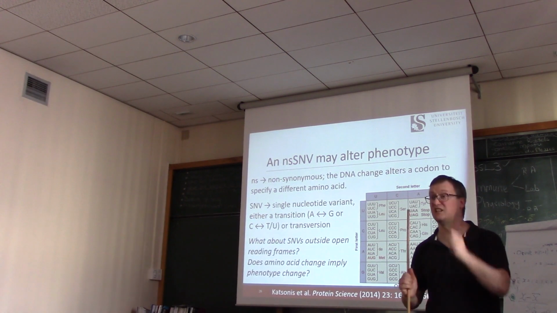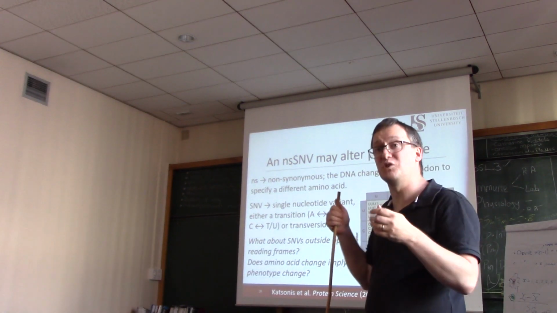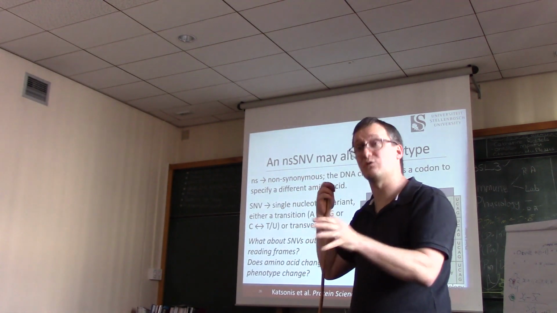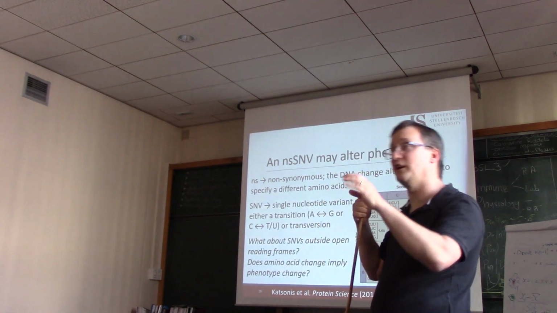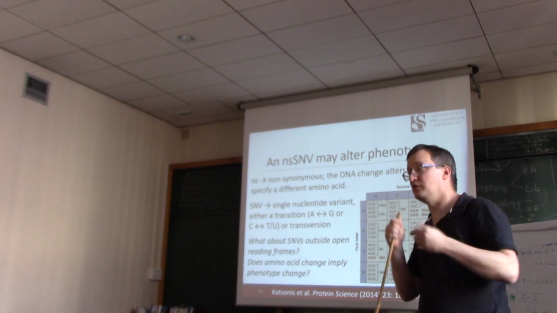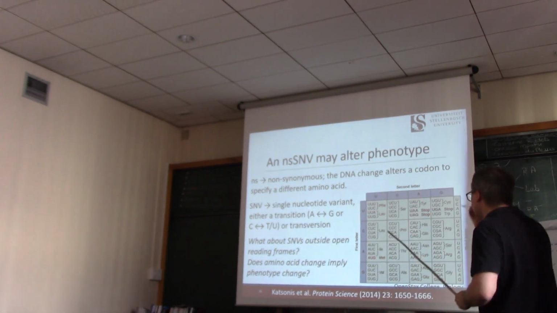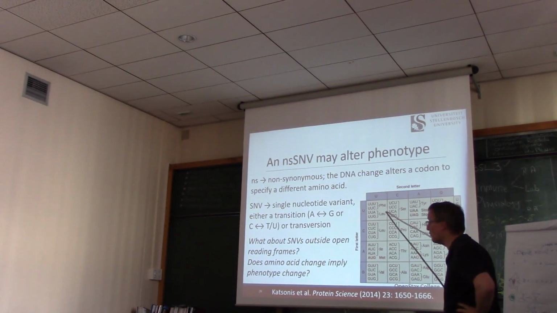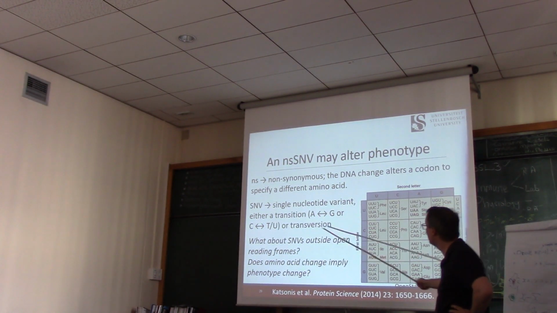So that is a non-synonymous change. There are times when changing the third letter of a codon keeps the same amino acid. It's quite frequent. But sometimes we find that changing that third letter does alter the amino acid it corresponds to. Okay, so when we are talking about non-synonymous, we're talking about what amino acid would result from it.